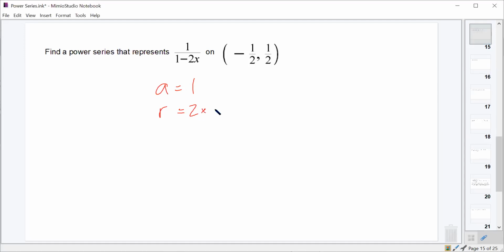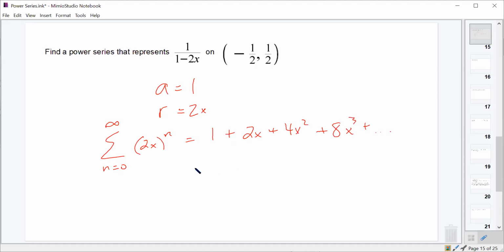The series we could write for this is the sum from n equals 0 to infinity of our common ratio, 2x, to the n, which looks like 1 plus 2x plus 4x squared plus 8x cubed, and so on.